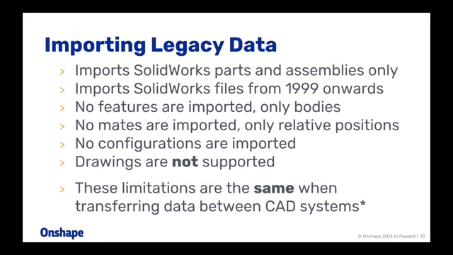I've placed an asterisk next to that because there are some slight exceptions to that rule. So, for example, SolidWorks can read the mates in a Creo assembly. So there are some exceptions to the rule, but there's no blanket conversion from one document from one CAD system to another.